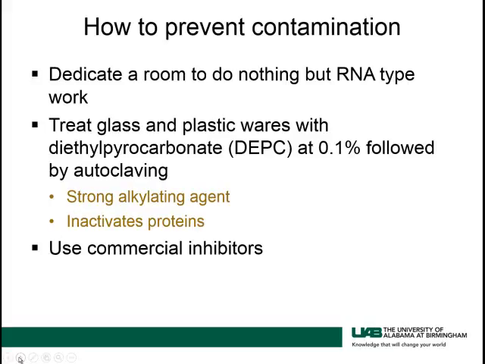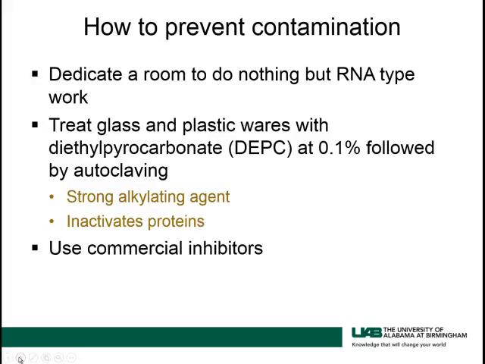Treat glassware. Another way to get rid of contamination is to treat glassware and plasticware with a chemical, diethyl pyrocarbonate, called DEPC for short. You make up a 0.1% solution, fill up your glassware or plasticware, and let them sit in the 0.1% DEPC solution overnight.